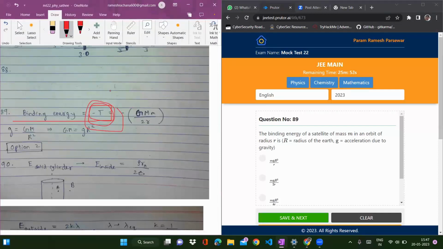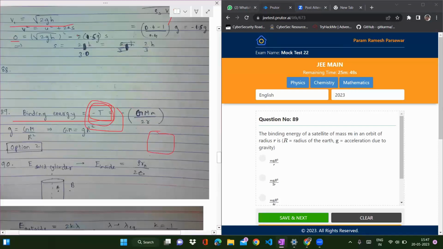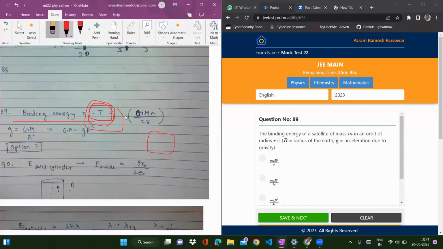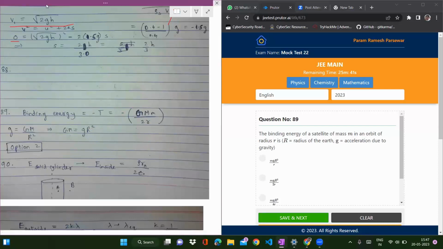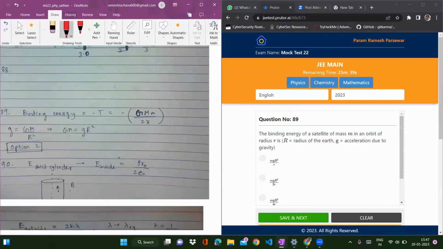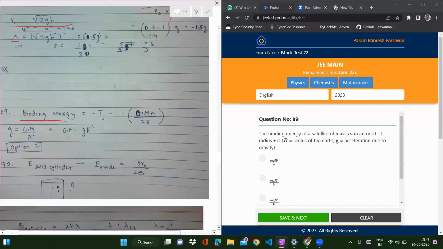From the knowledge of gravitation, we know the motion of any body which is revolving around another body. Here the satellite is revolving around the Earth. So we know the relations for total energy in the circular orbit, the potential energy, and the kinetic energy. The binding energy is related to the total energy of this system.